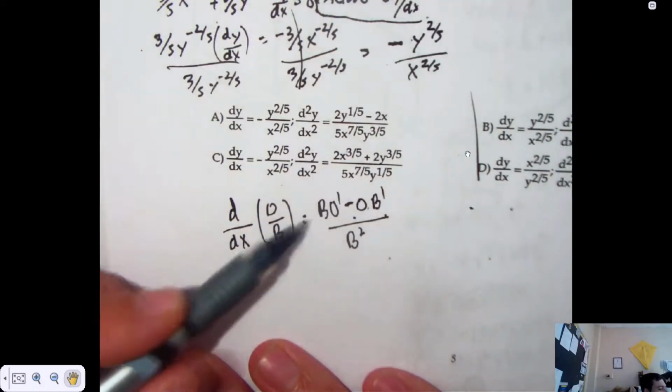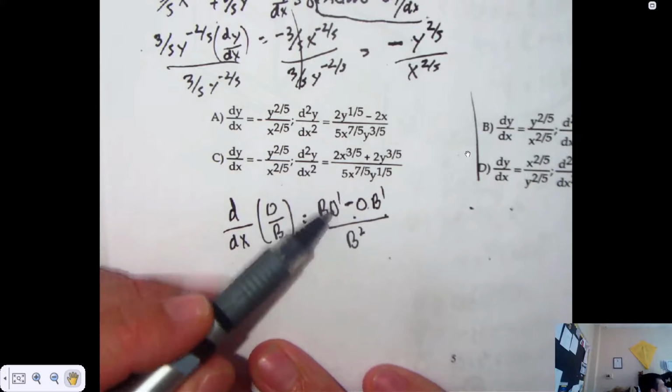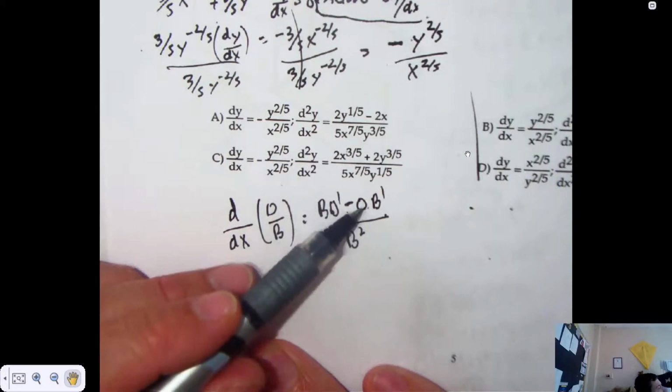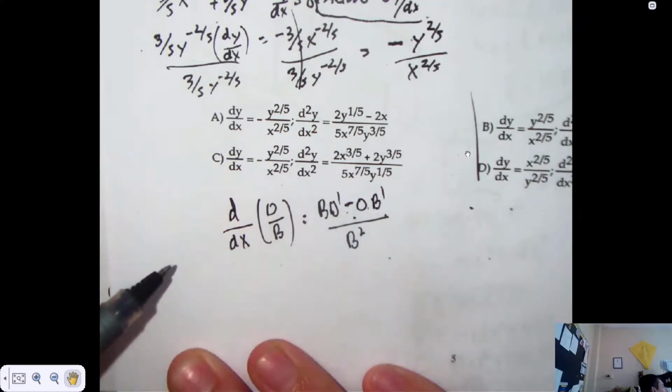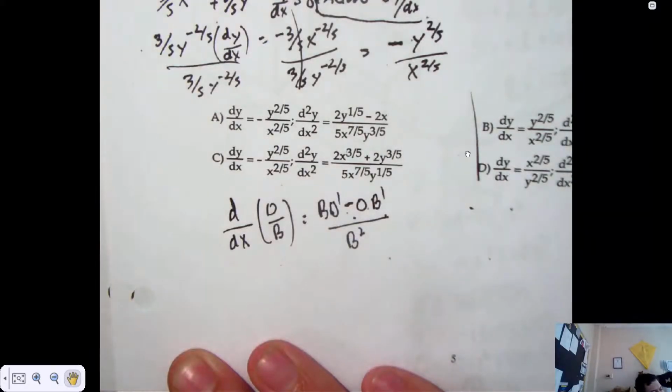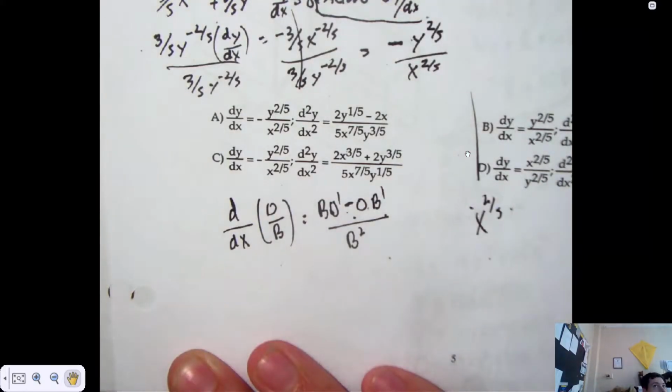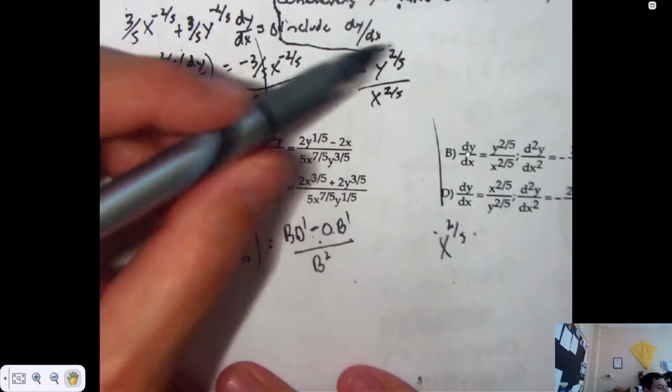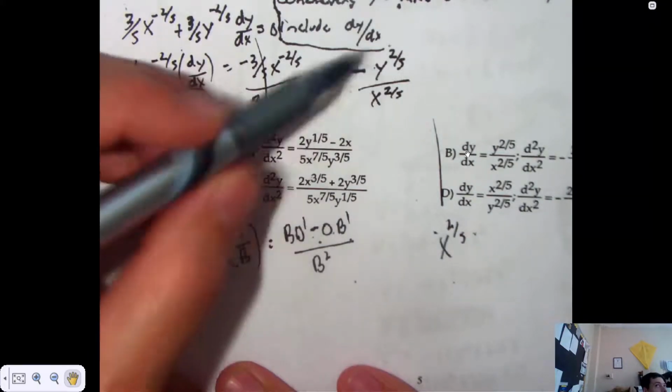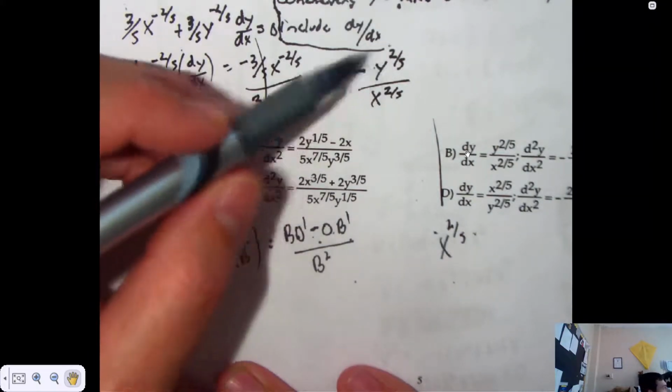But that's the deal. First guy derivative the second guy minus second guy derivative the first. Or sorry, the bottom. So anyways, we got to take the quotient rule on this thing. So we'll have x to the 2/5. That's the bottom piece. We have to take the derivative of this guy. And again, we're going to take the derivative of y.